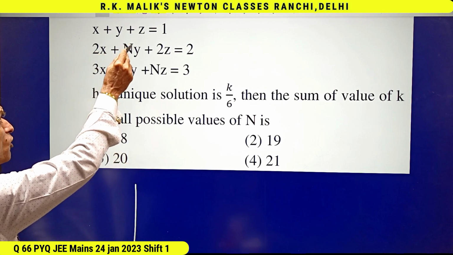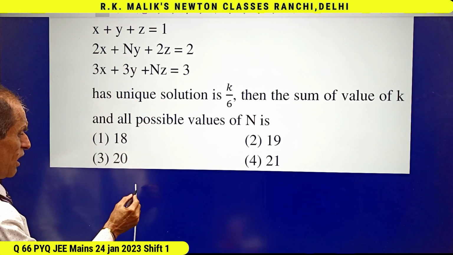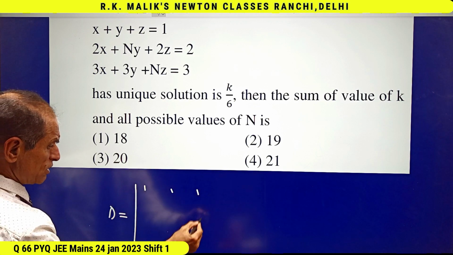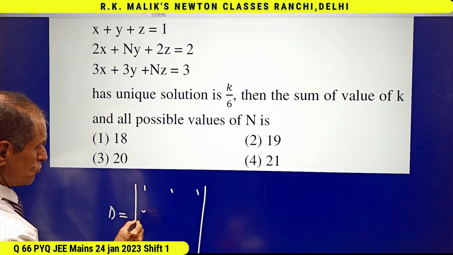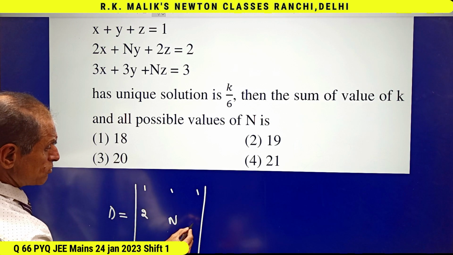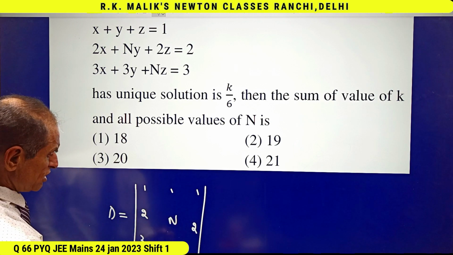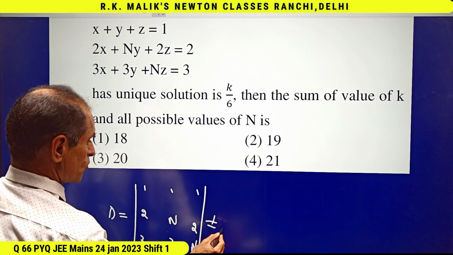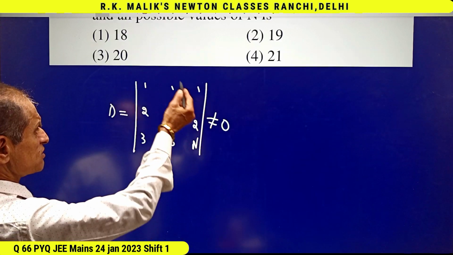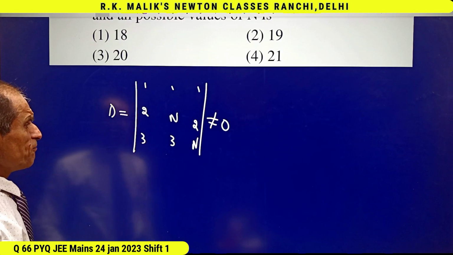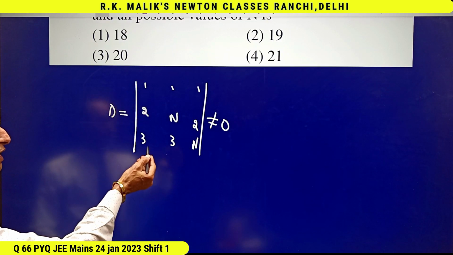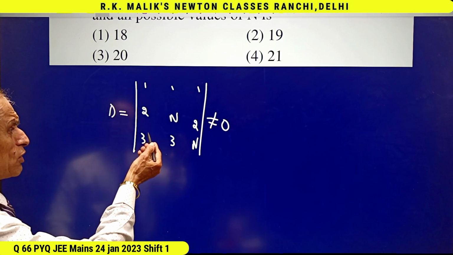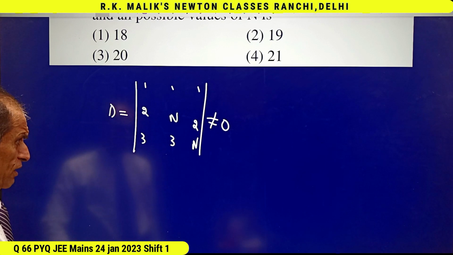keeping the coefficients of x, y, z in mind, I get D equal to the determinant with rows 1, 1, 1, 2, n, 2, 3, 3, n, not equal to 0. It is clear that after simplifying it, we are going to get a quadratic equation in n. That is, we are going to get two values of n.